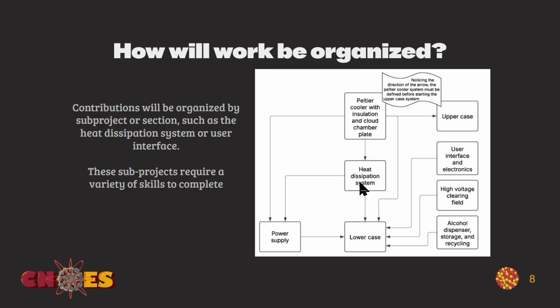But then for the heat dissipation system, which would be the heatsink on the hot side of the Peltier modules, you'd need to have this part at least finished or well defined. So we'll need to know how much power or how much heat we need to dissipate through this system and all those sorts of things. So we need to define this system before we can do this and this. That's sort of how we're going to split it: independent chunks that we're going to work on.